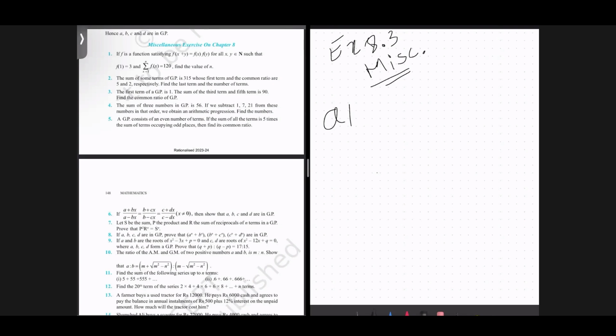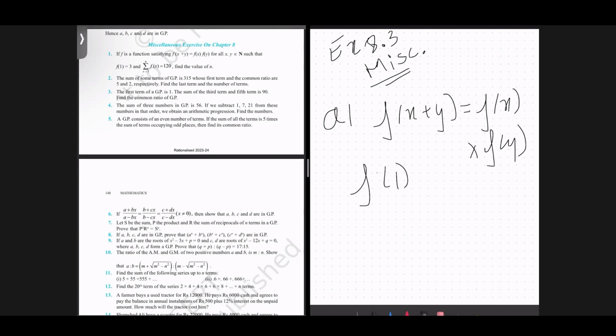Right. So we have been given that f of x plus y is equal to f of x into f of y. f of 1 is given to us as 3 and the summation, x equals 1 up until n, of f of x is going to be 120, as has been told to us.